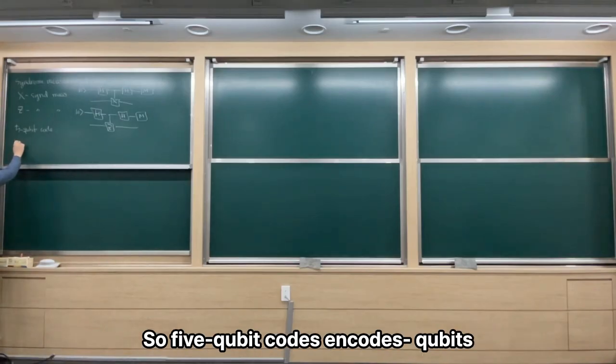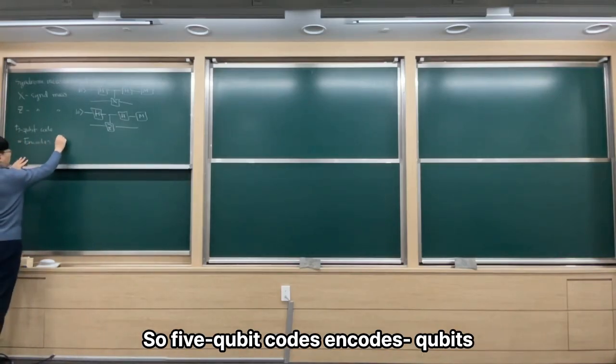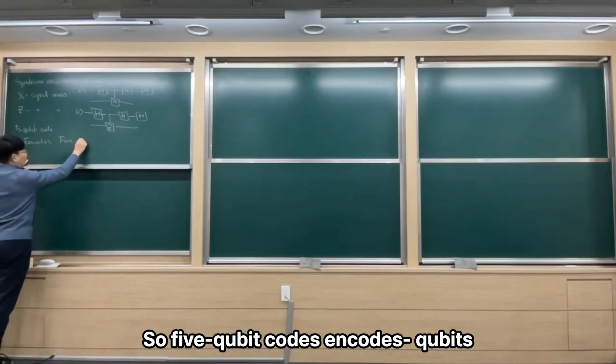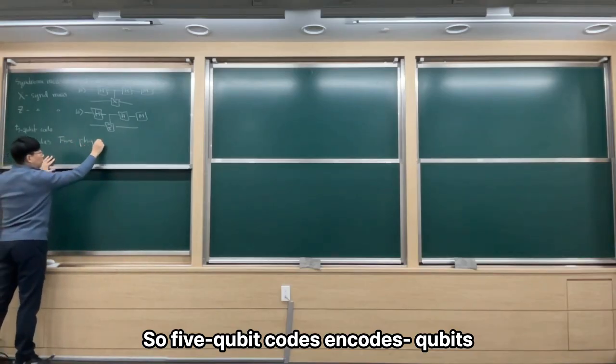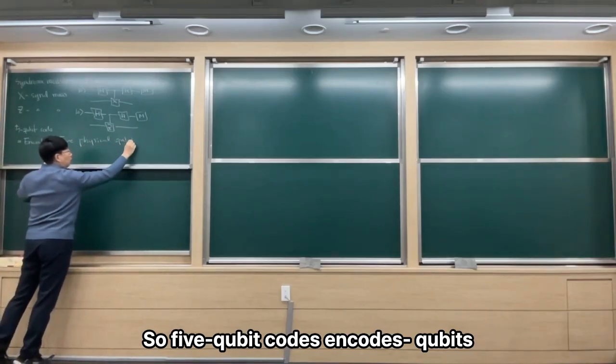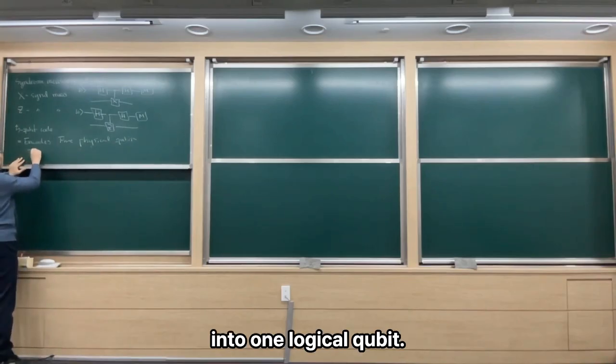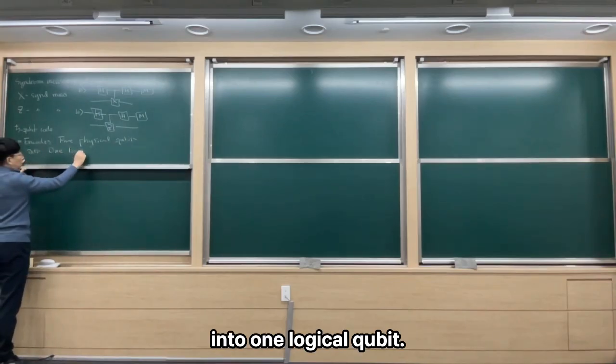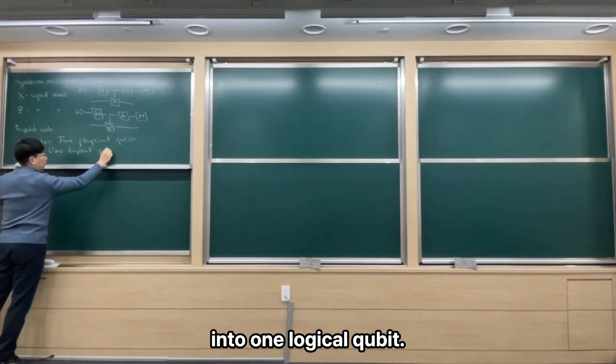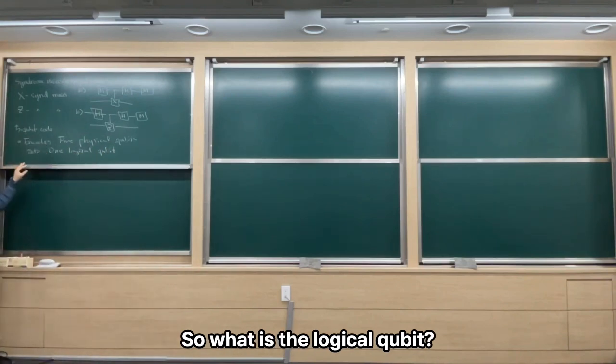So the 5-qubit code encodes 5 physical qubits into 1 logical qubit. So what is a logical qubit?